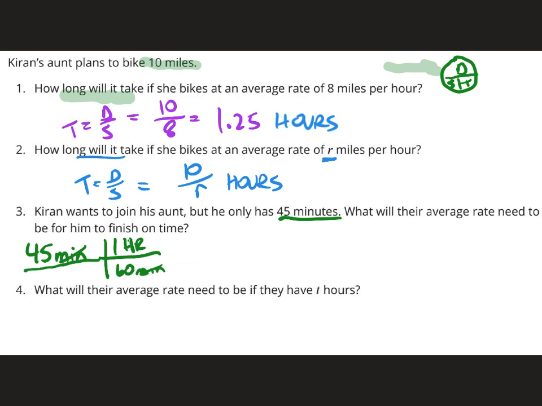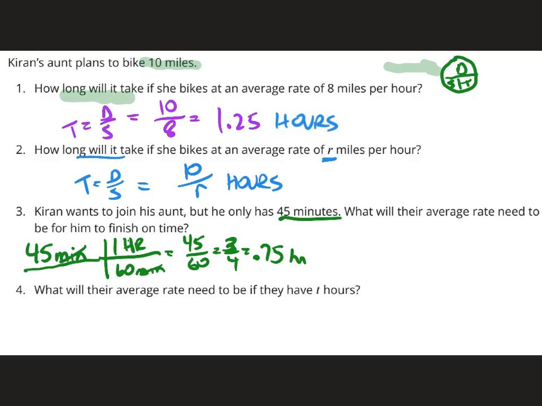Unit conversion. So if minutes is on the bottom, that means we have to divide by 60 to get the hours. And so that gives us 45 over 60, which is 3 over 4, which is 0.75 hours. So 45 minutes is not a full hour, so we had to convert it to hours.